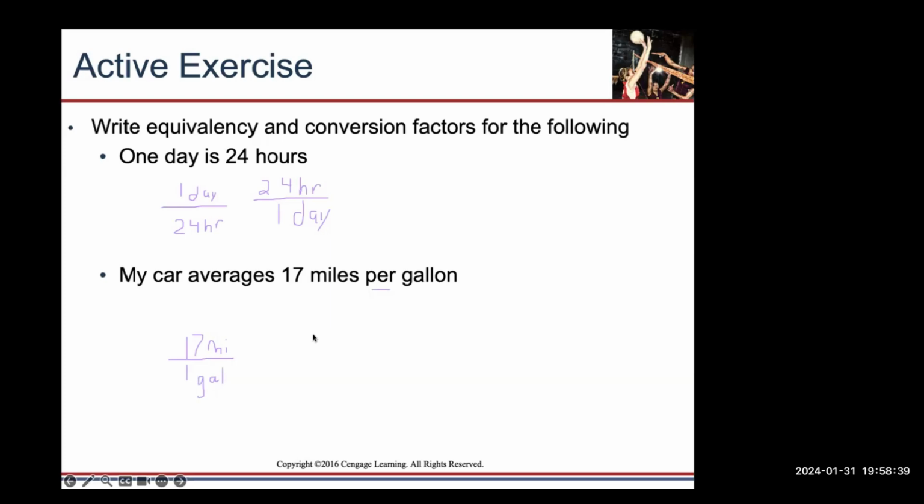And we know that we could write that the other way: we could have 1 gallon on top over 17 miles. So we can flip them, as long as we keep the correct value with the right units, like 24 in hours and 1 in day.